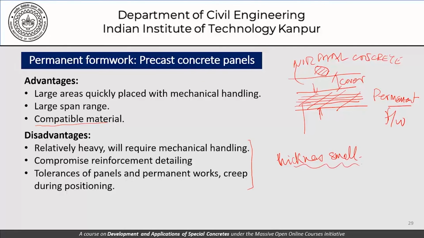We can always talk in terms of a large thickness here, in which case there is no reason to not have this permanent formwork. We will say that, okay, half the member is precast and we are only adding the remaining half as far as in situ construction is concerned.